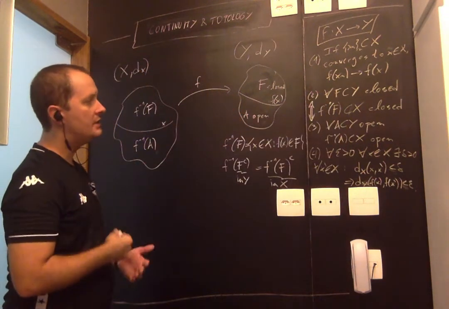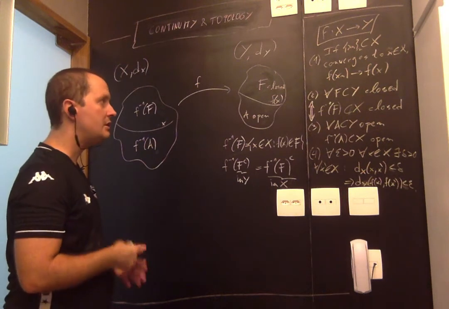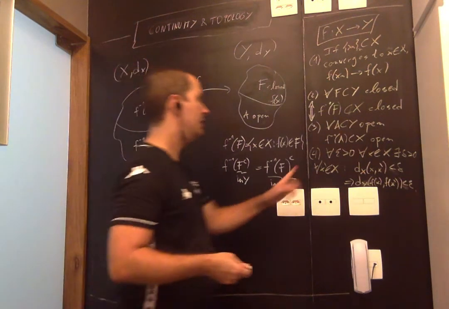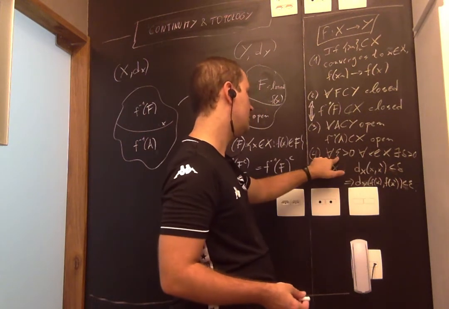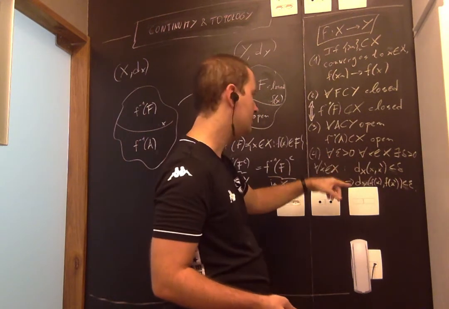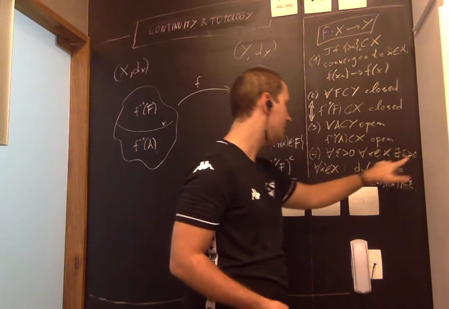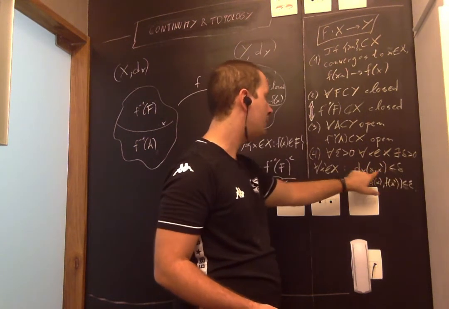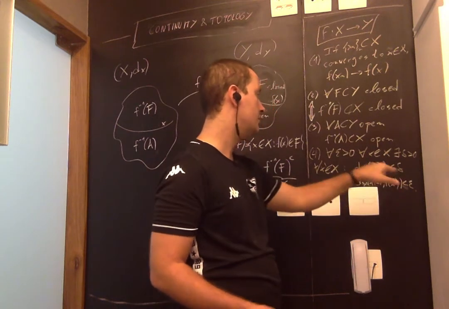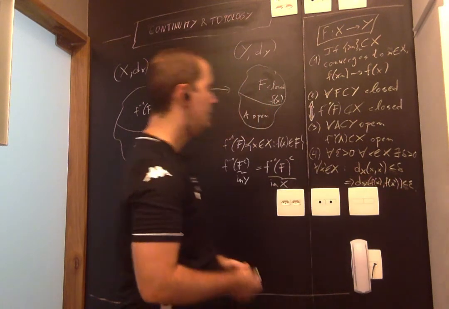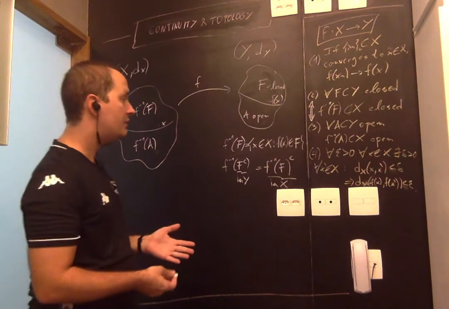Number 4 is another usual definition of continuity that doesn't use sequences, but rather this epsilon delta notion, right? I give you a point x and a tolerance epsilon, an error tolerance epsilon. You have to find me a delta such that any point that's delta close to x has value of f epsilon close to f of x. So this is another standard definition of continuity.